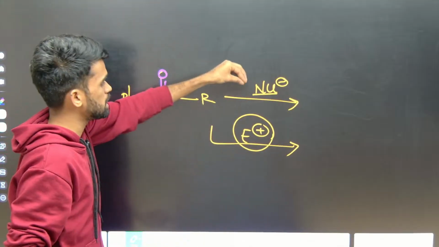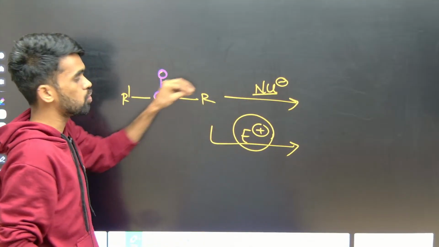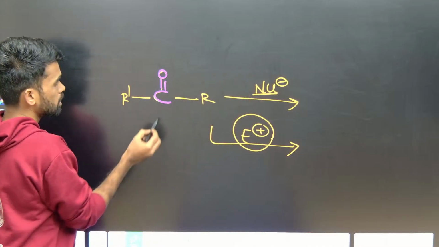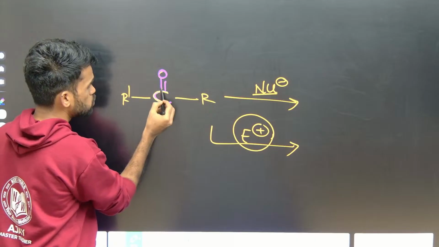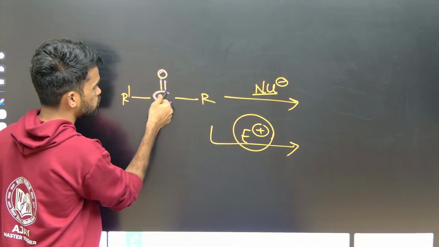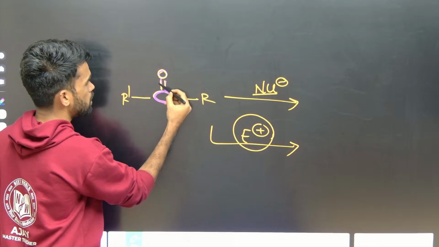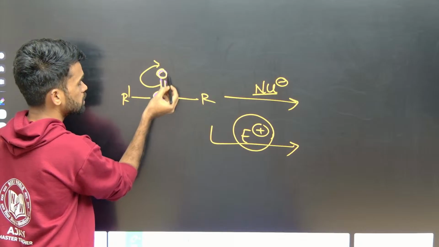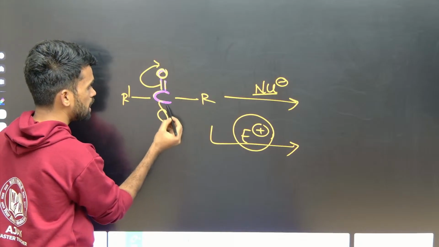With which reagent does this reaction go easily? How can we identify this? See here, this carbon is attached to a double bonded oxygen, but we know oxygen is more electronegative than carbon. So the bonded electrons shift towards oxygen and make this carbon electron deficient.